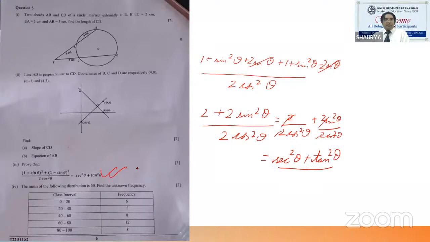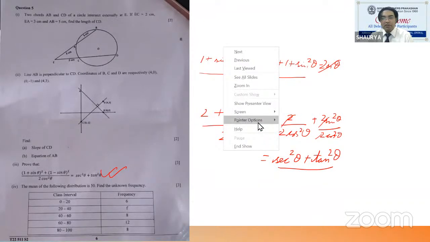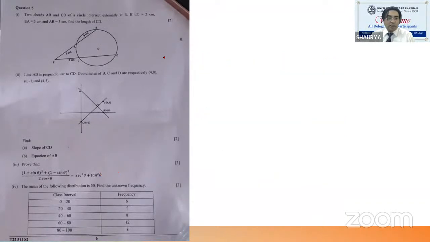The last part of question 5 is again from statistics. We have been given the mean of the data. So let's say x bar is 50, and it's grouped data. So let's write the class marks, the middle points of the intervals.